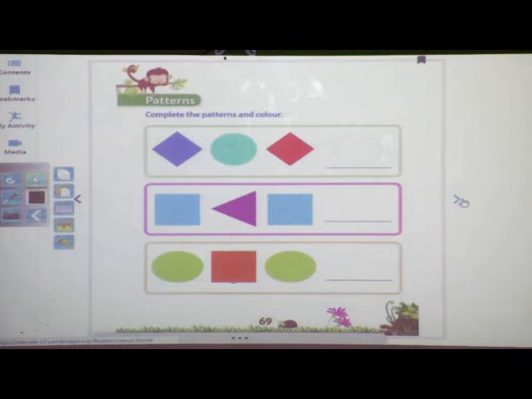So now here, P-A-T-T-E-R-N-S, patterns. So what do we have to do? Just now we have seen, I have drawn some shapes and I have shown you the flowers also, 2 different flowers. But how to complete that? That also we have learned. Here also we are going to learn that.